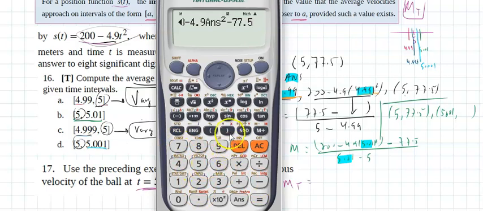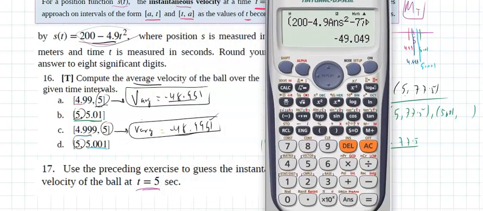So here they switched on us. It's okay. Divided by answer minus 5. I'll get my answer to be negative 49.049.